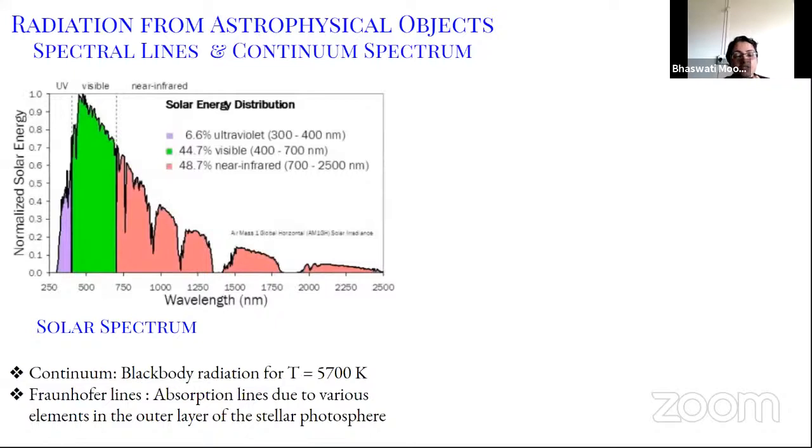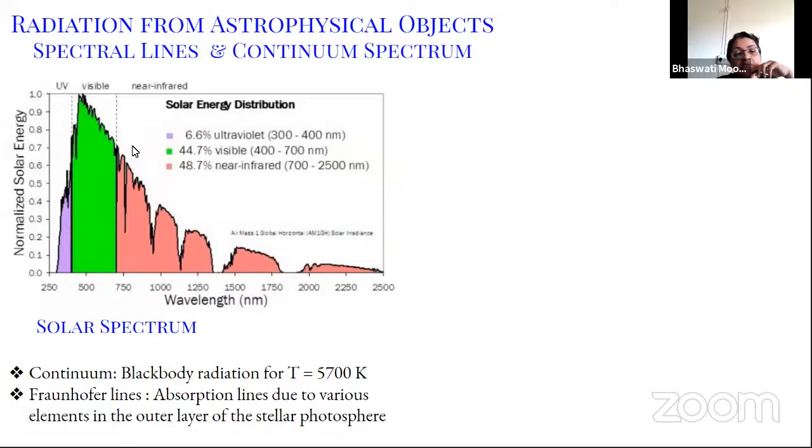What you see here on this view graph is a spectrum, the solar spectrum. You notice that there are two broad features in this spectrum. There is a continuum which spans a large range of wavelengths, and that is approximately a black body radiation at a temperature of 5700 Kelvin.